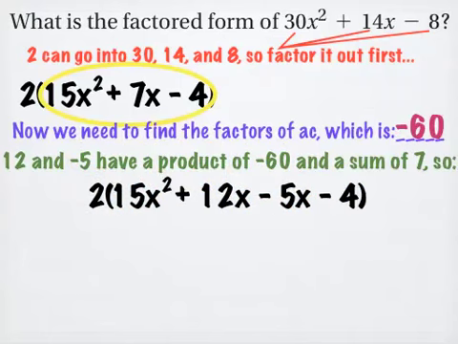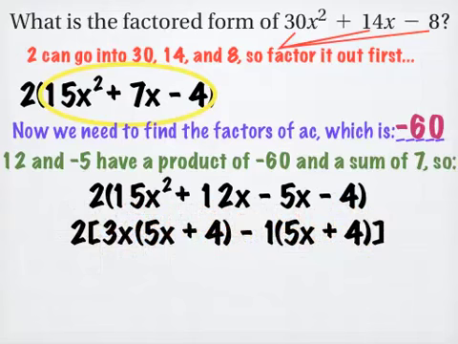I'm going to have 2 times 15x squared plus 12x minus 5x minus 4. All I've done there is rewritten 7x as 12x minus 5x. Go ahead and group your terms just like we've done before. 15x squared and 12x have a GCF of 3x.